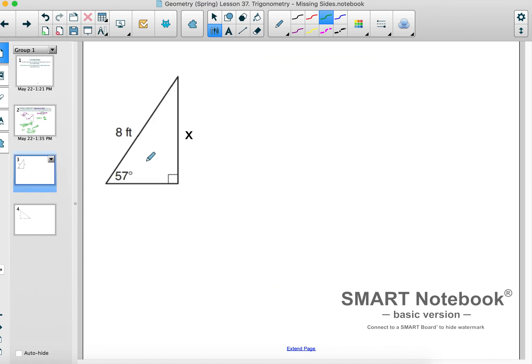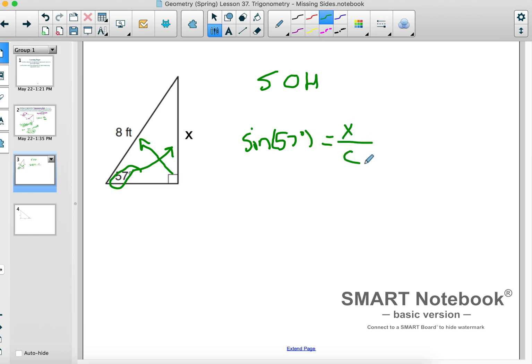So let's just set up a couple more ratios and you can do the cross multiplying yourself. Here our reference angle is 57. This is opposite, and this is opposite the right angle, so it's our hypotenuse. So we've got an opposite and a hypotenuse. We're going to use sine. So I've got sine of 57 degrees is equal to opposite, which is x, over 8 feet.